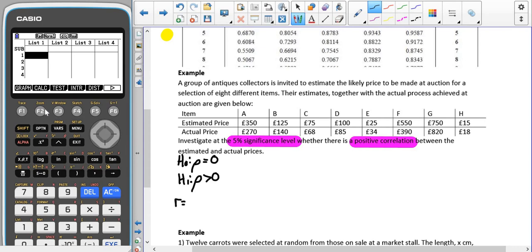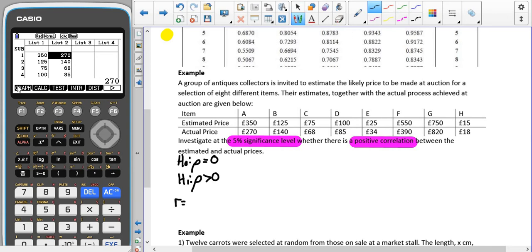So remember, just as we did before, we need to type the data into our calculator. So I've just paused the video for a second and I've typed all that data into my calculator. I typed the estimated price into list 1 and the actual price into list 2, in the same manner as we did for the examples in how to calculate PMCC.